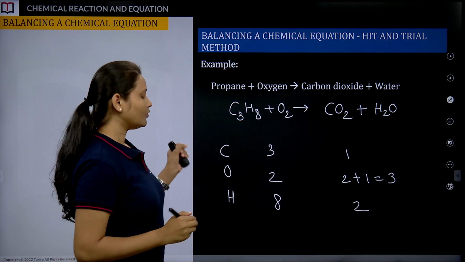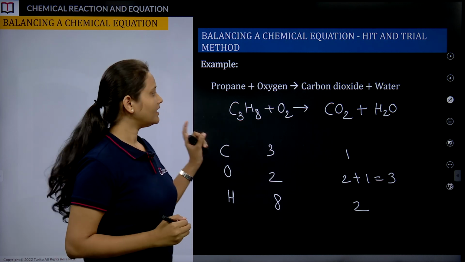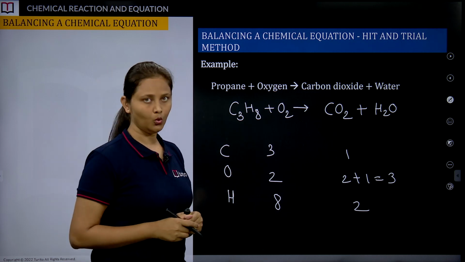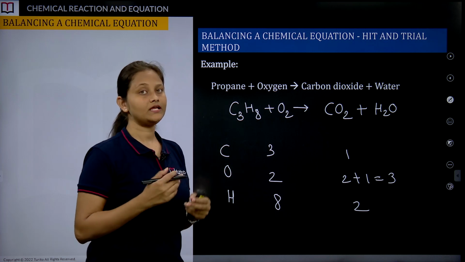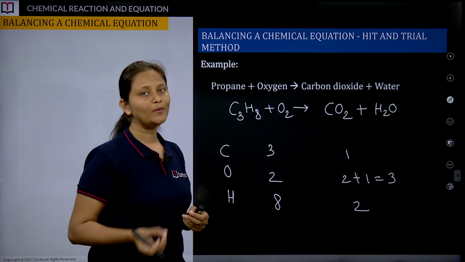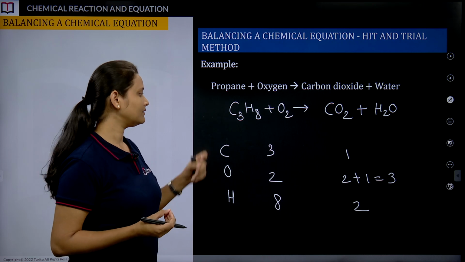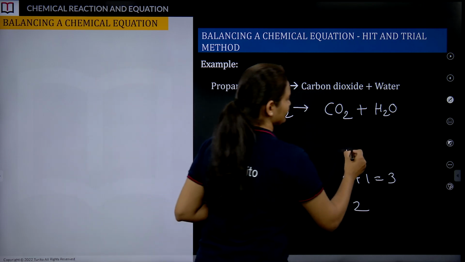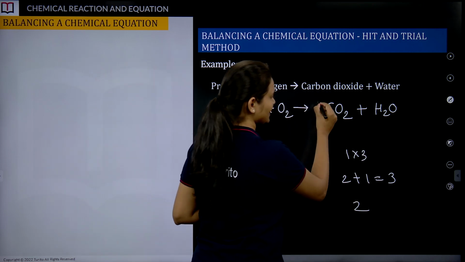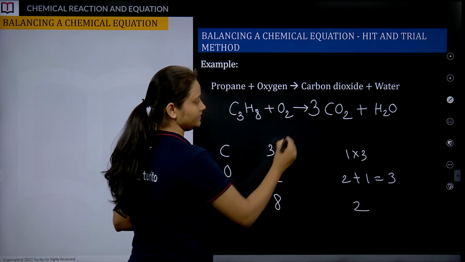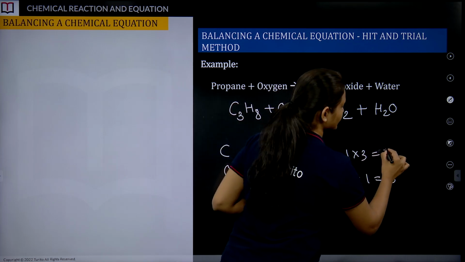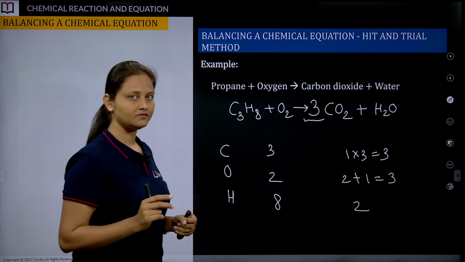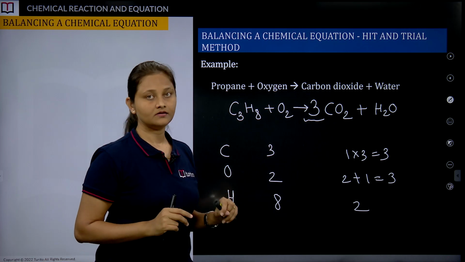So remember the sequence. Is there any metal in the reaction? No. So we are going to balance the next in the sequence, that is non-metal. Who is that? Carbon. So I will be adding coefficient 3 in front of CO2, which is giving me 3 carbon on the product side.